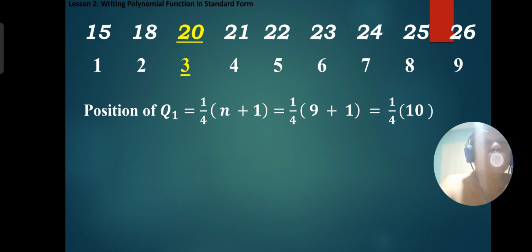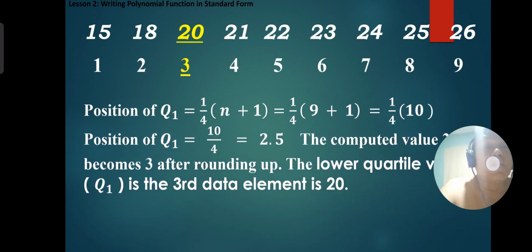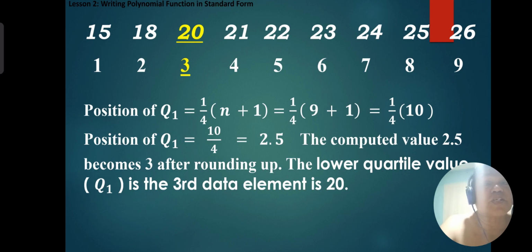The position of quartile 1 is equal to 1/4 times quantity n plus 1, where n is equal to 9 plus 1. This will be equal to 1/4 times 10. Then the position of quartile 1 is equal to 10 over 4, which is 2.25. The computed value of 2.25 becomes 3 after rounding up.